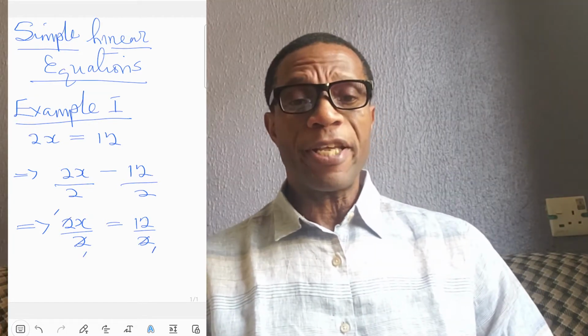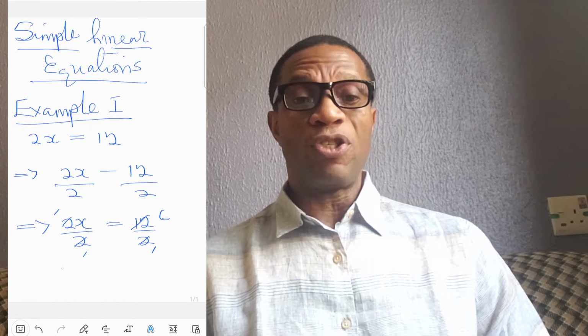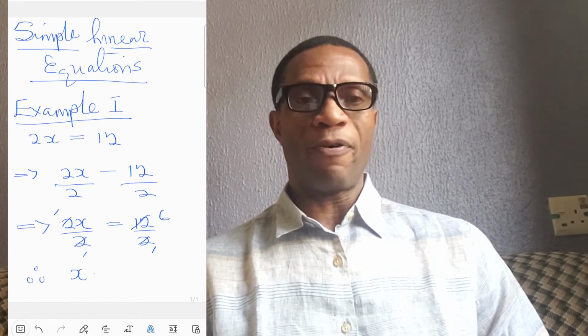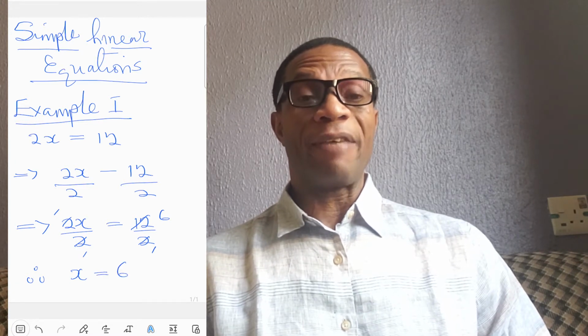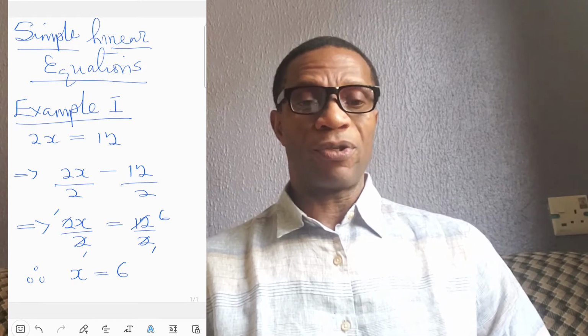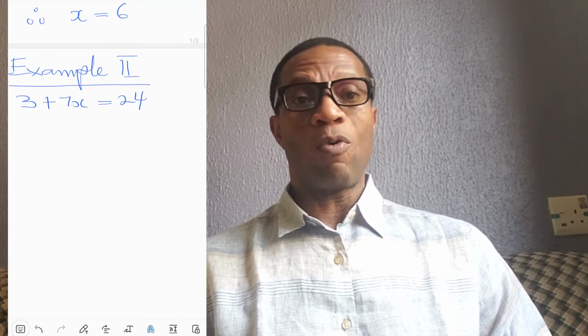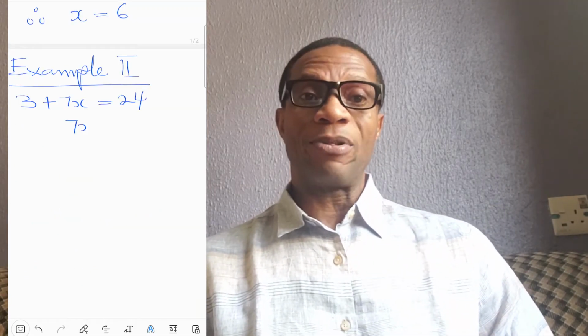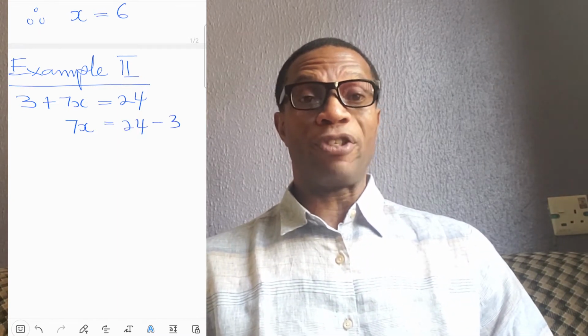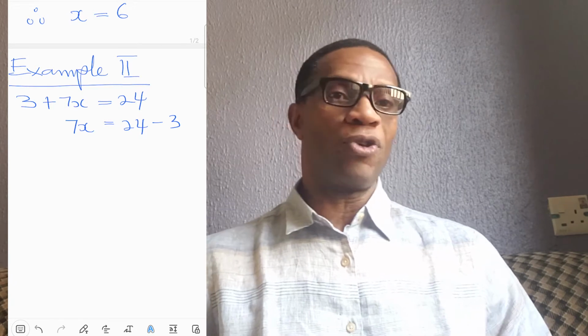In our second example, we're going to use the expression 3 + 7x = 24. Two things we can do here. First, we'll gather like items on one side and unlike items on the other side. By like items, I mean items that have coefficients go on one side and the constants go to the other side.